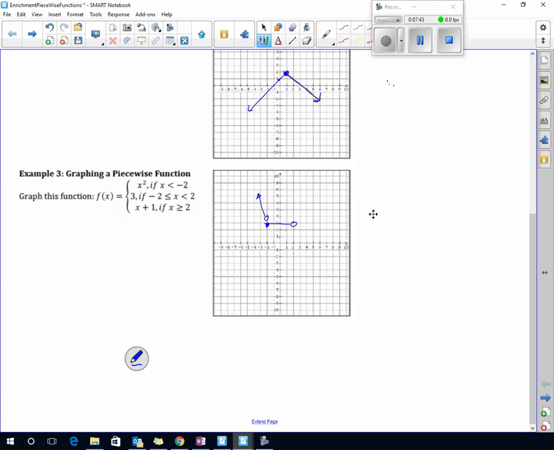Okay, so now I'm going to erase what I don't need. Did everybody see how I got this line? Point on 1, up 1, over 1. Okay, so now I'm going to erase because it's only valid when x is greater than or equal to 2. So now, oh, look, they connect there. So what happens there when they connect and I have something that looks like that? Yeah, we got to fill it in now.